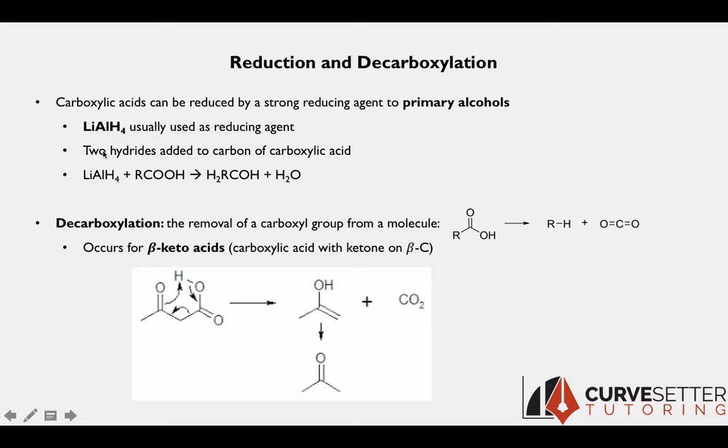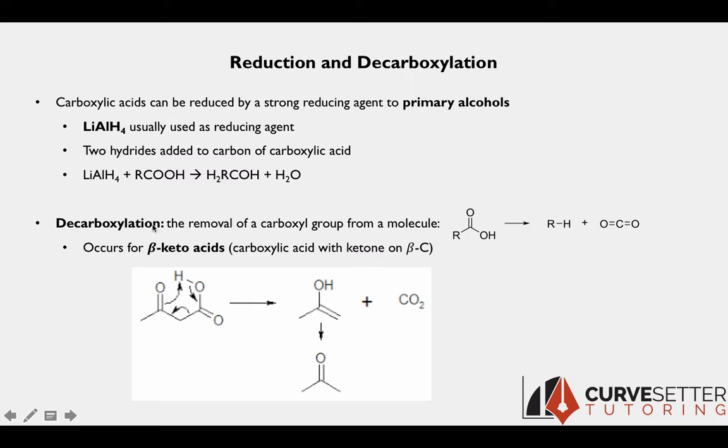And so 2 hydrides from the LiAlH4 are added to the carbon of the carboxylic acid, turning it into a primary alcohol. So remember, we could oxidize a primary alcohol into a carboxylic acid using a strong oxidizing agent, and we can reduce a carboxylic acid back into a primary alcohol using a strong reducing agent.